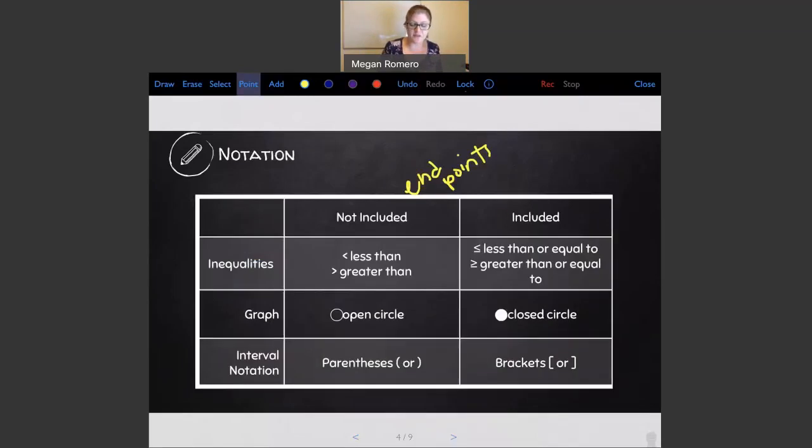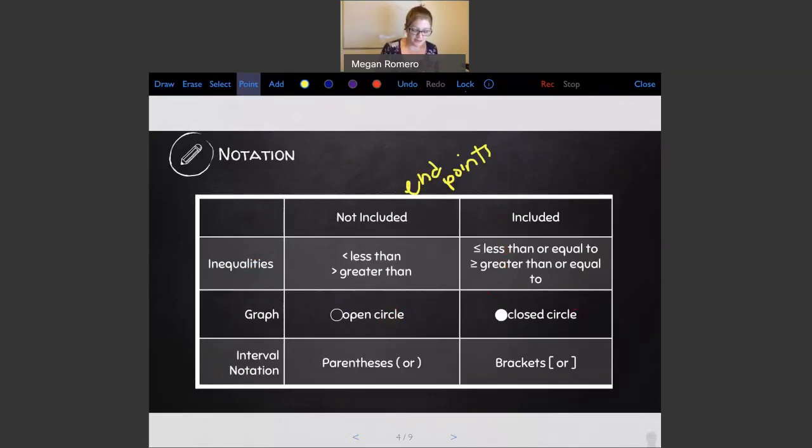If it is included, there's a less than or equal to or a greater than or equal to symbol. If we're asked to graph the set or the inequality, if the endpoint is not included, we use an open circle on the graph. If the endpoint is included, we'll use a closed circle on the graph.